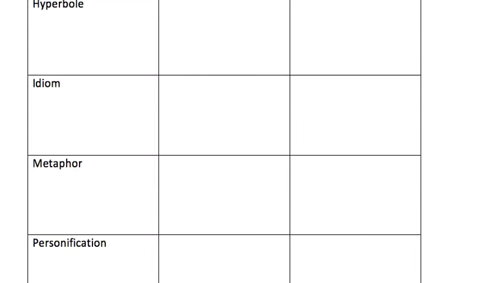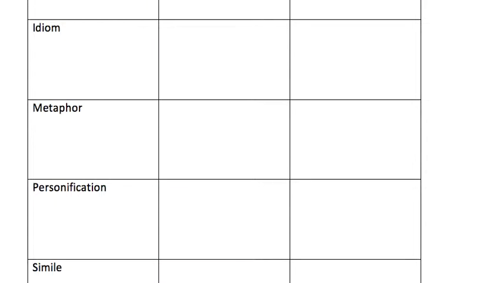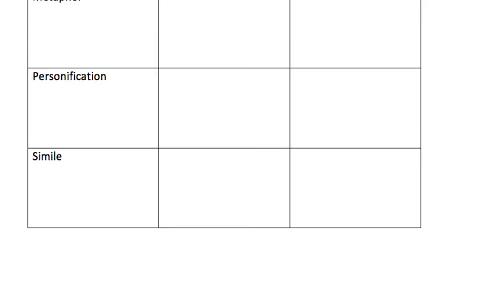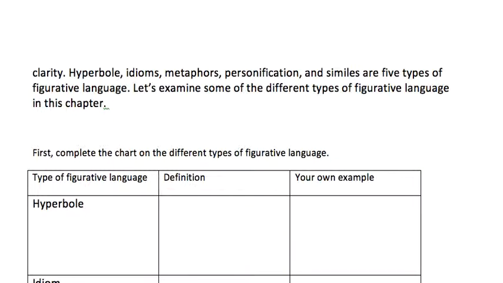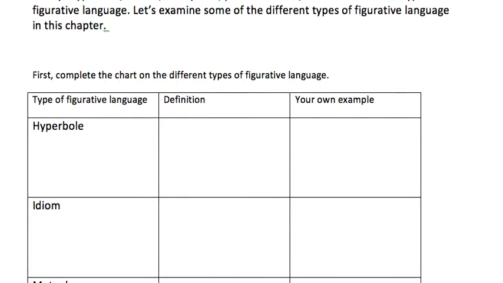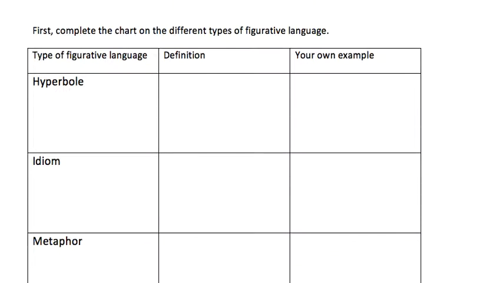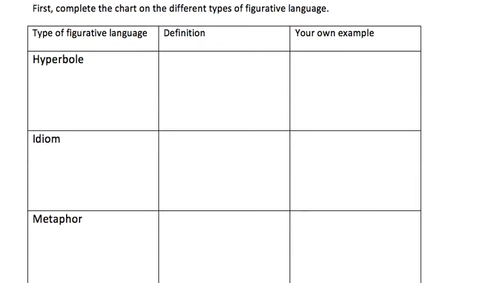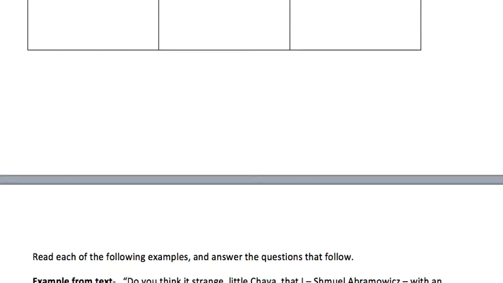So again, if you're unfamiliar with one of these, or you can't recall it from a previous story that you've read throughout your educational career, go ahead and research the definition of each of those terms, and then look up at the table here to find and document your definition, and then write your own example. Your own example could be from something in the text, or it could be something from your own life.